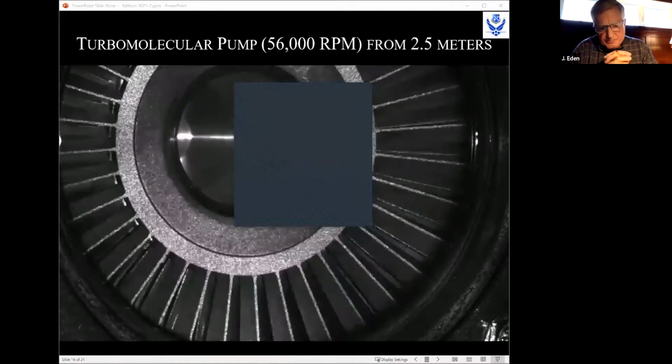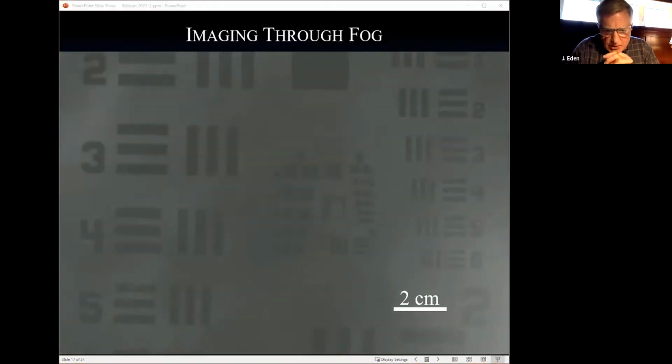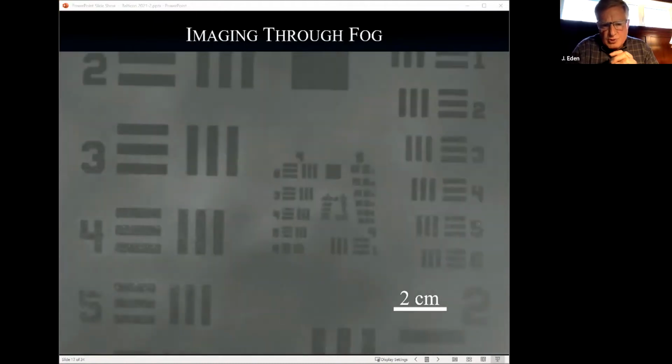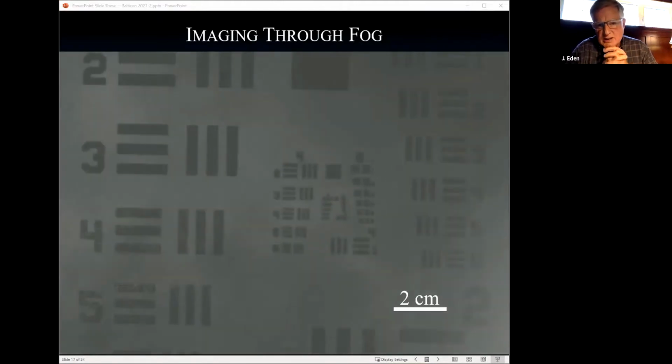Next slide, please. Okay, so I'm going to have to skip because we're running out of time. This is an image of a target obtained in the presence of a very heavy fog between the laser and the target. Let's go to the next slide.